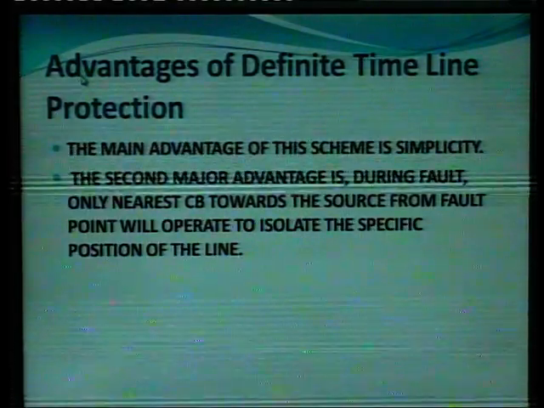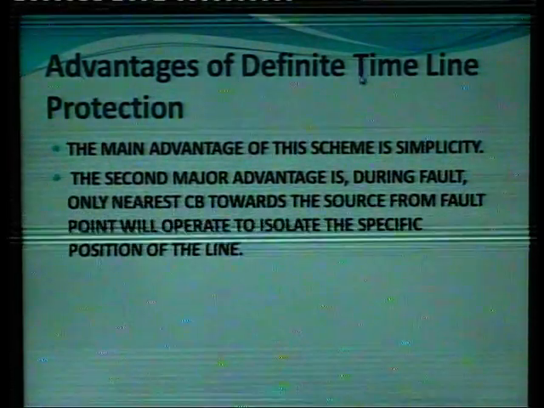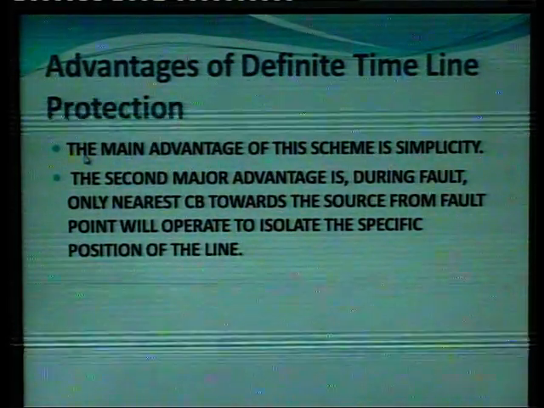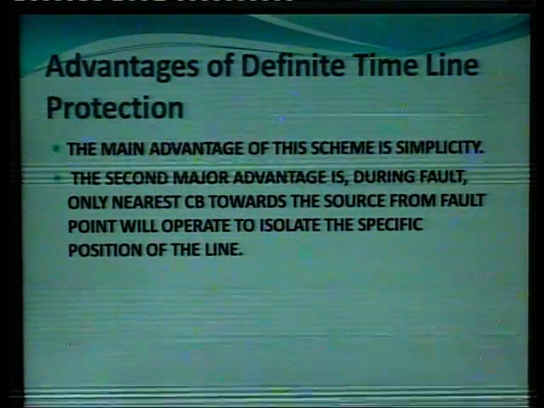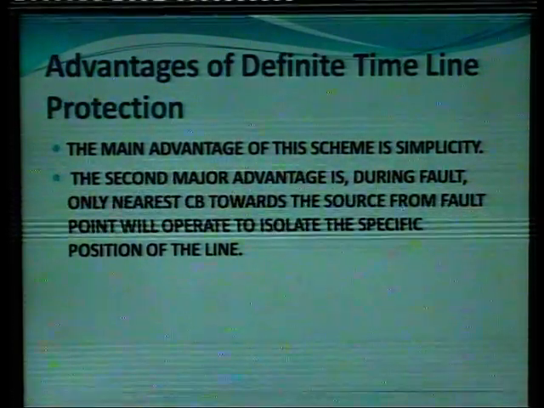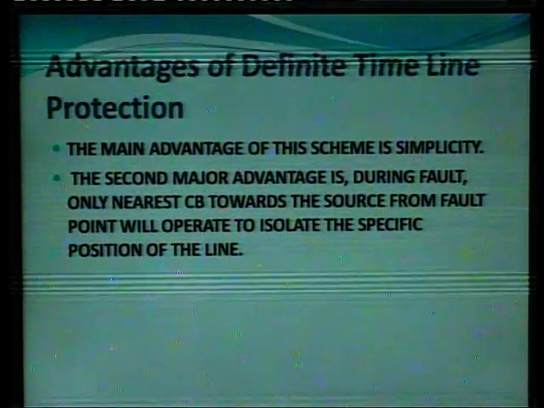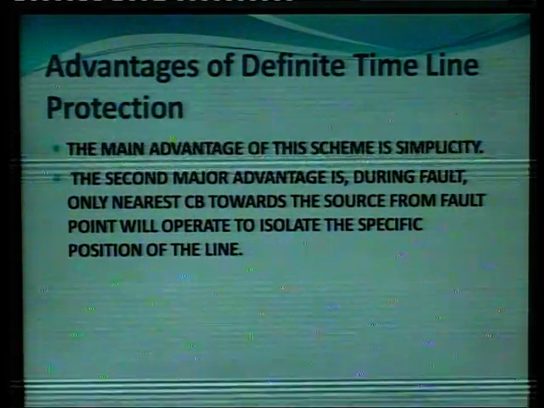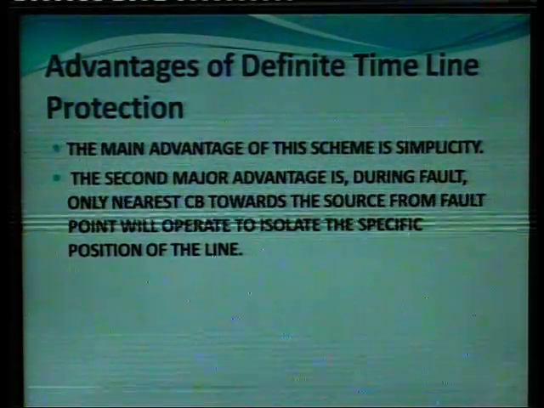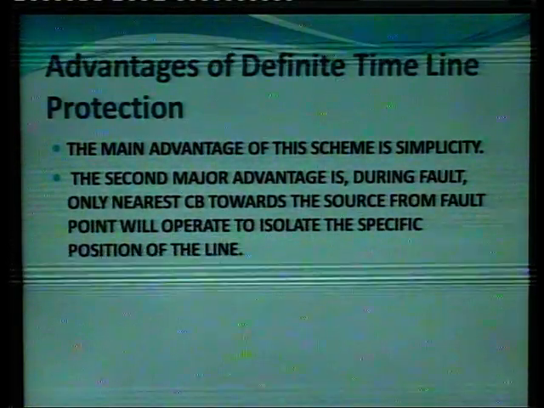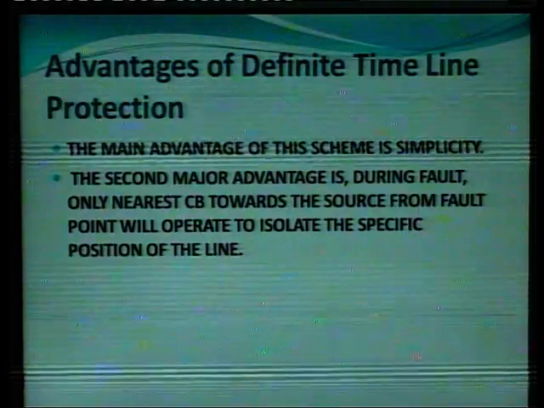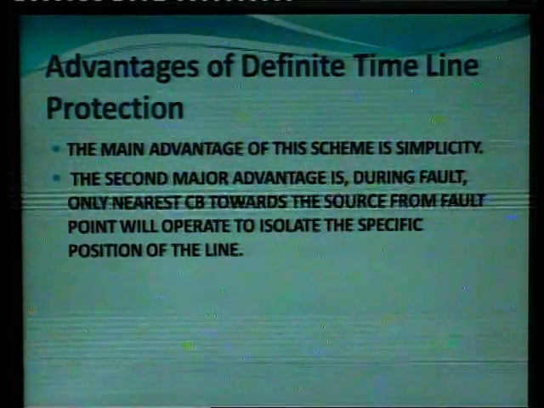The next is the advantage of definite time line protection. The main advantage of this scheme is simplicity. This is a very simple arrangement. The second major advantage is that during the fault, only the nearest circuit breaker towards the source from the fault point will operate to isolate the specific portion of the line.